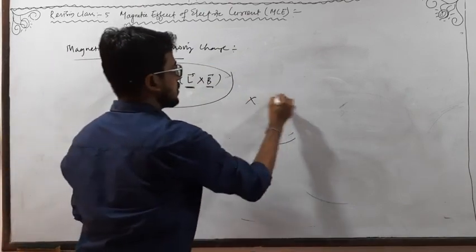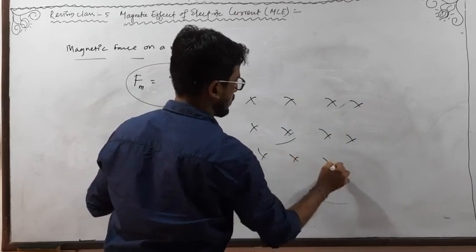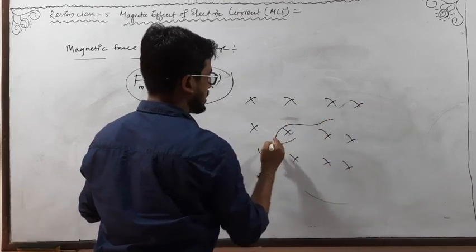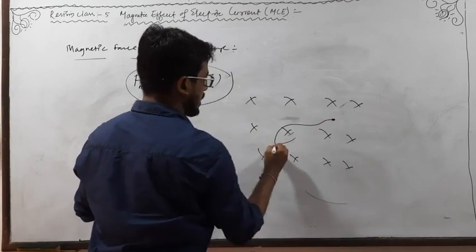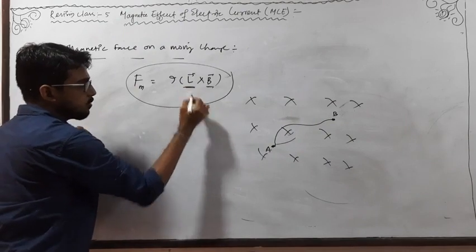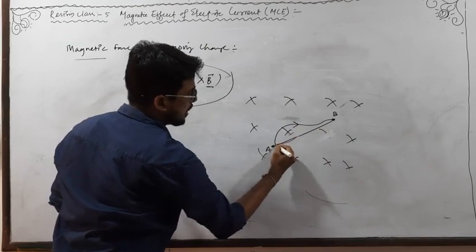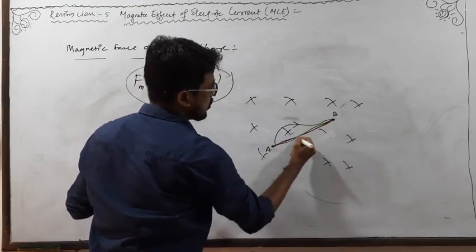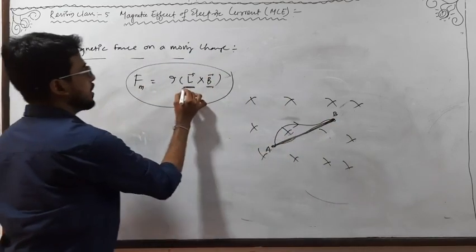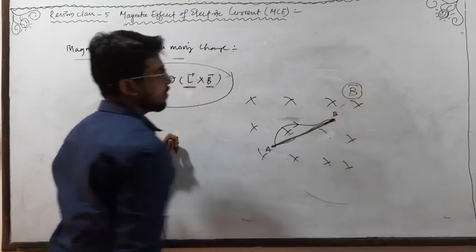That means if the strength all over this place is uniform and there is a conductor like this of length L, or any arbitrary shape of conductor having initial and final positions at A and B, then the length will be the displacement vector from initial to final position. If this is the direction of current, this will be the value of L. So you have to find the displacement between initial and final position, which will replace the L value if the magnetic field strength is uniform.